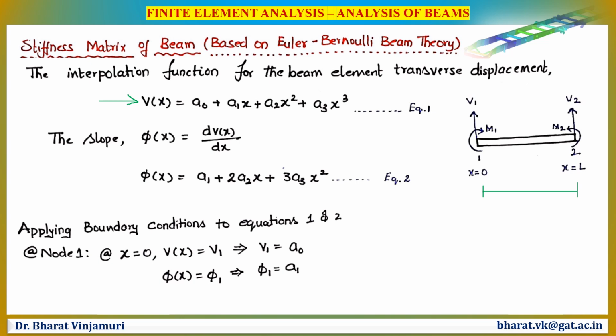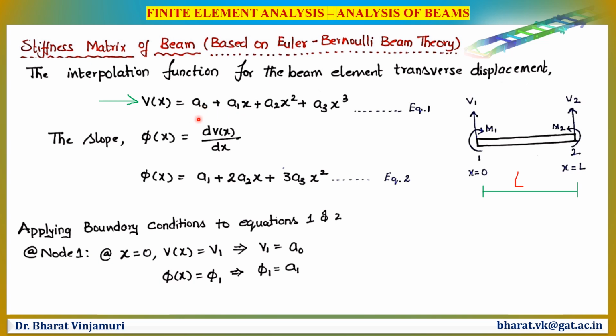There are many reasons for selecting such a cubic polynomial. First, the beam element has a total of 4 unknowns, 2 at node 1 and 2 at node 2. Similarly, this polynomial equation has 4 coefficients.